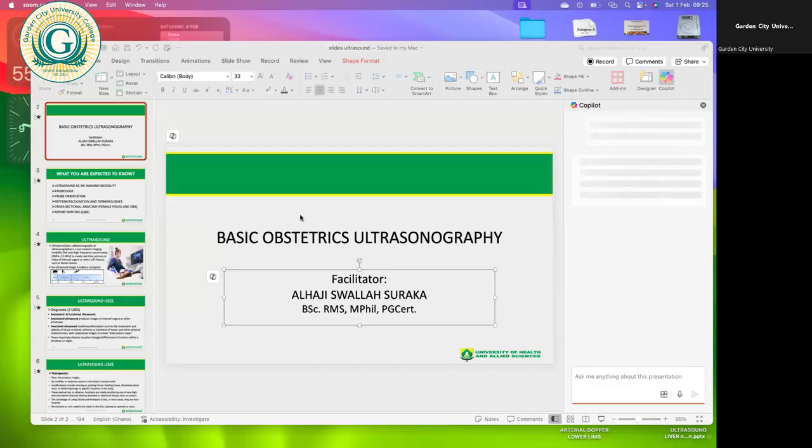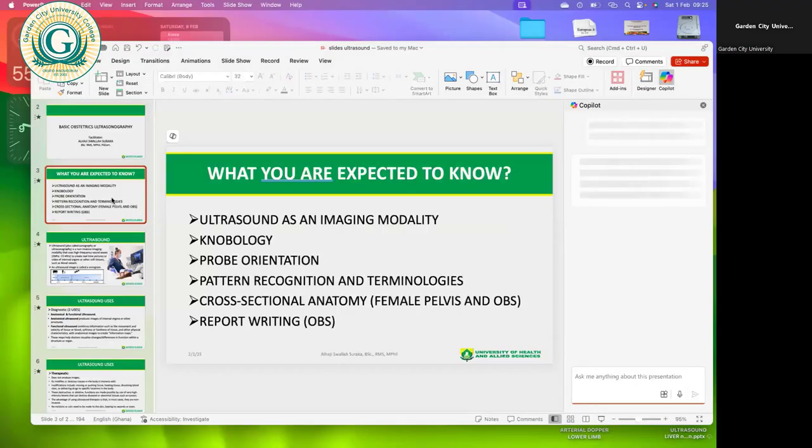By way of objectives, you are supposed to, by this course, understand what ultrasound as an imaging modality is. We'll be talking about knobology, which actually deals with the ultrasound equipment and its usage.